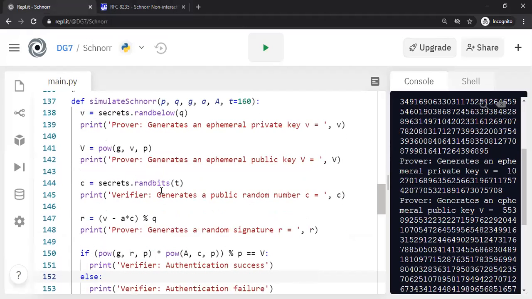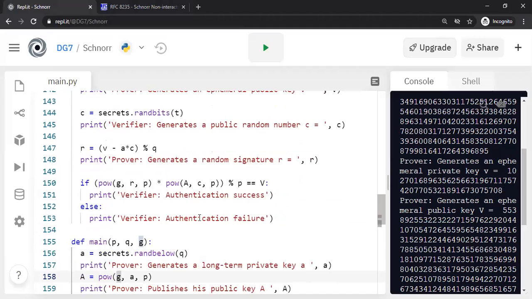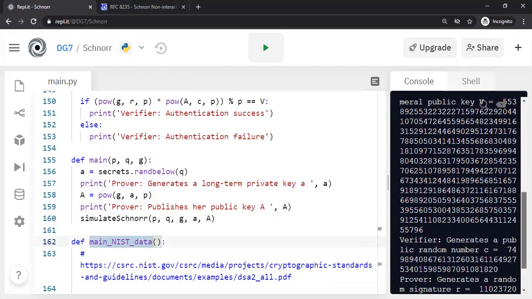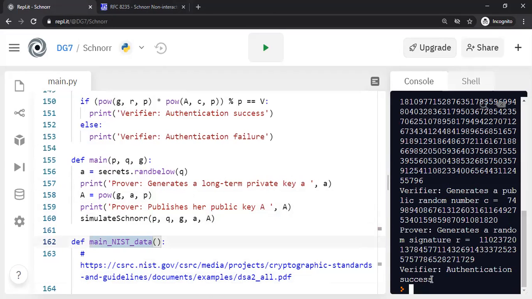And the challenger generates the challenge C, which we talked about on the whiteboard, a T-bit number. T, I assume to be 160. You can increase it if you want. That's not a problem. And then the prover generates this random number R based on V, A, and C, as we talked about on the whiteboard. And then the verifier checks whether G power R times A power C is the same as the capital V. At the end, as you can see, the verification is successful because the prover was able to convince the verifier.